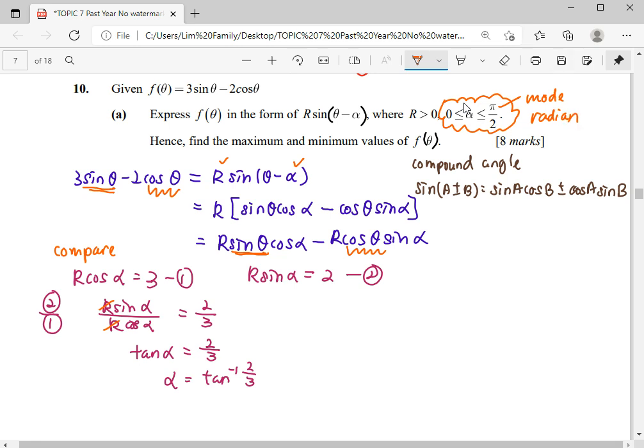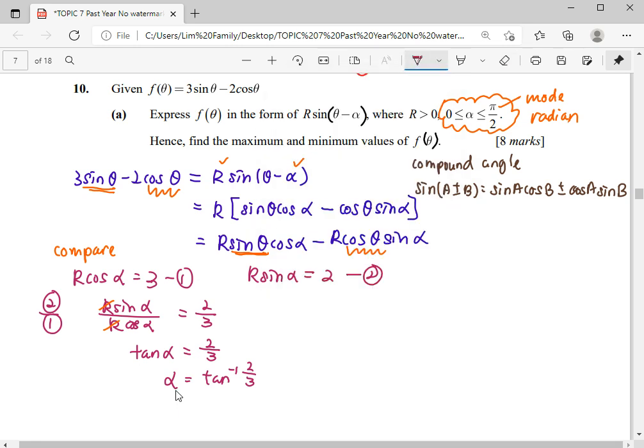So please set your calculator into radian mode. Then only we press for this answer in order to find our alpha here. So shift tangent in radian mode for 2 over 3. We can get our alpha value here is 0.88. So it will automatically give us the answer in radian.